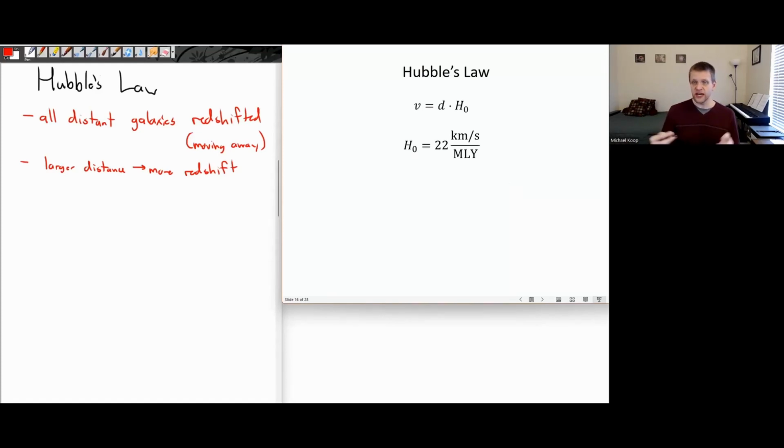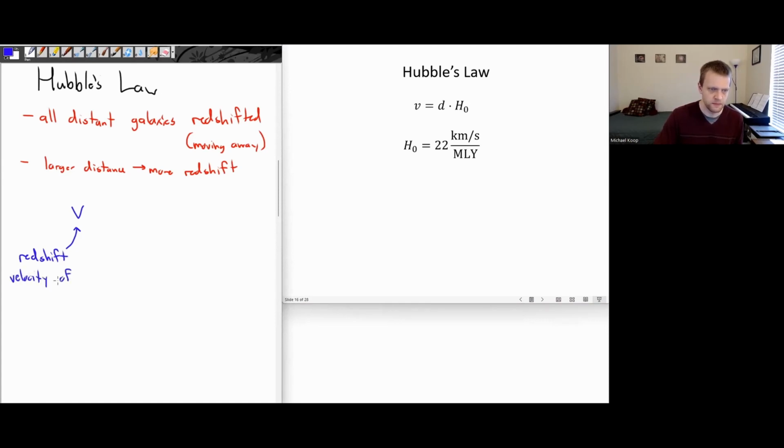So there's actually an equation associated with Hubble's law. So let's talk about that one. So the equation that we're going to be using is velocity. So this is the velocity of the galaxy. So the redshift velocity of the galaxy equals the distance to that galaxy. Sorry, this redshift velocity is in kilometers per second. That has to be in kilometers per second for this equation to work.